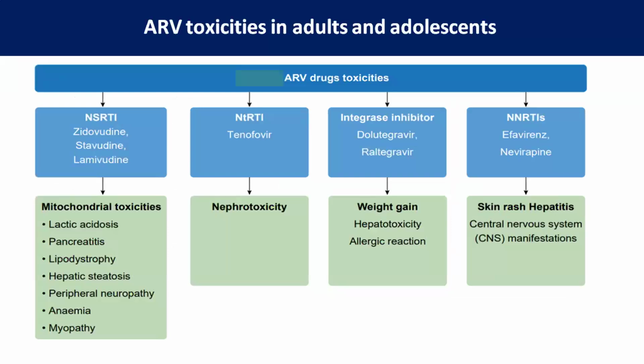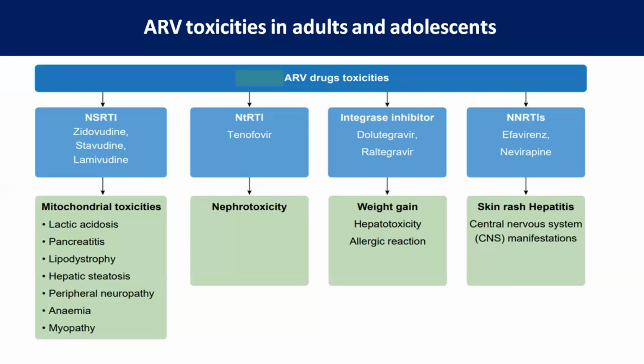So what are the drug classes we use? Antiretroviral is a combination drug therapy where two NRTIs and one INSTI or PI is the component of the first line antiretroviral regimen. Among nucleoside reverse transcriptase inhibitors, the most commonly used drugs are lamivudine and zidovudine.